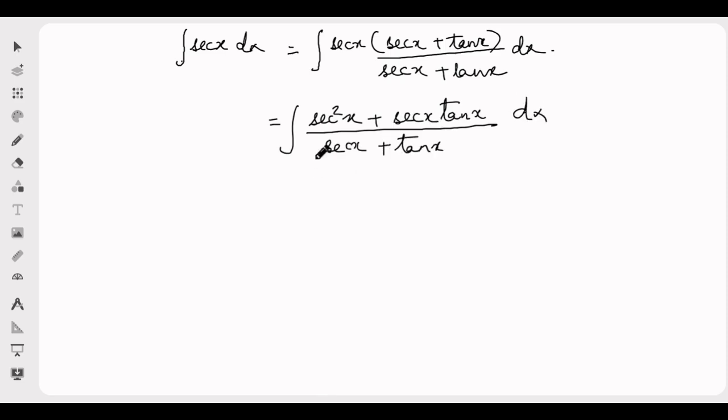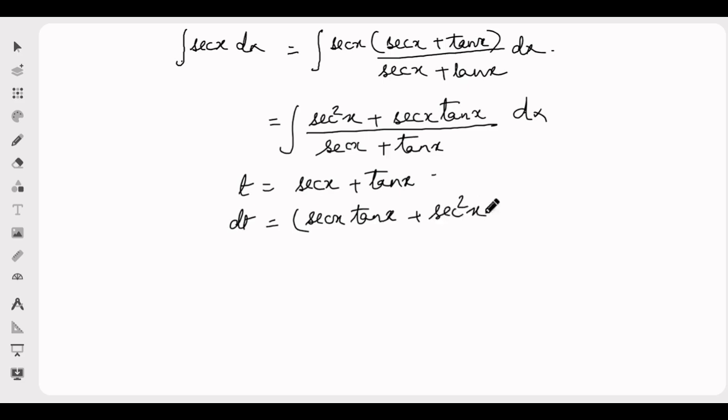Here we can substitute sec x plus tan x as t, because derivative of sec x is sec x tan x and derivative of tan x is sec square x. So you substitute t is equal to sec x plus tan x, and differentiate this t with respect to x, you will get (sec x tan x plus sec square x) dx.